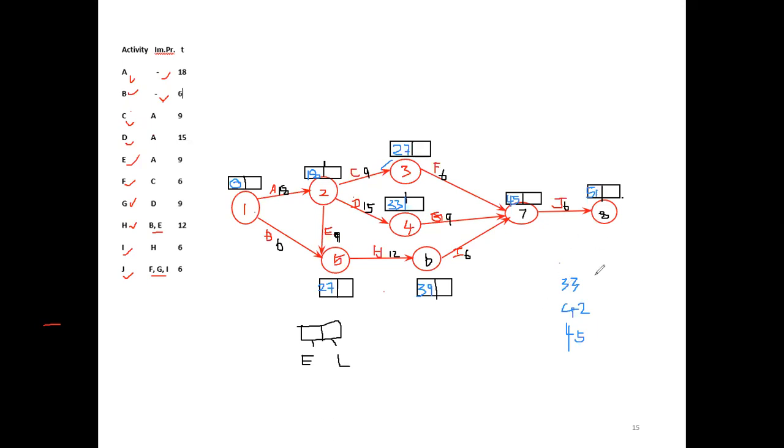Right. Now these are the earliest times. Commonly we can call it earliest time. This is the latest time. But for the calculation of the float, this part we will say is the earliest start time, EST.